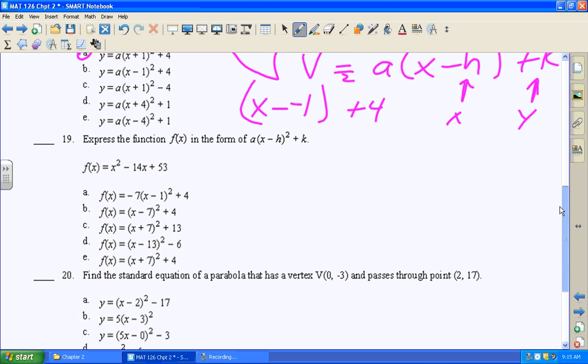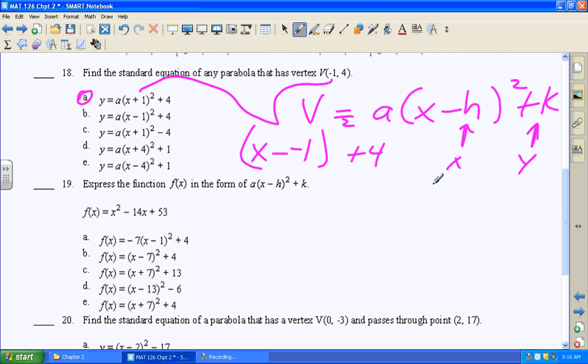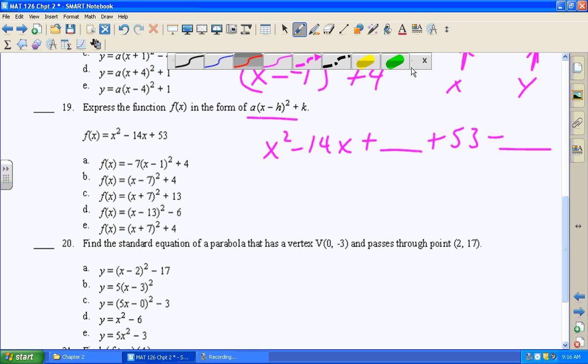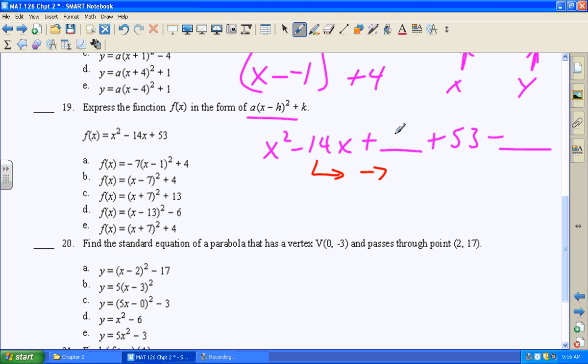Okay. Number 19. Do you remember how to express this quadratic in the form a times (x minus h) squared plus k? You have to add something, and at the same time you have to subtract the same thing. You're adding 0 to one side of it. So when you do that, you're going to complete the square, sort of. -7, and you're going to subtract 49.